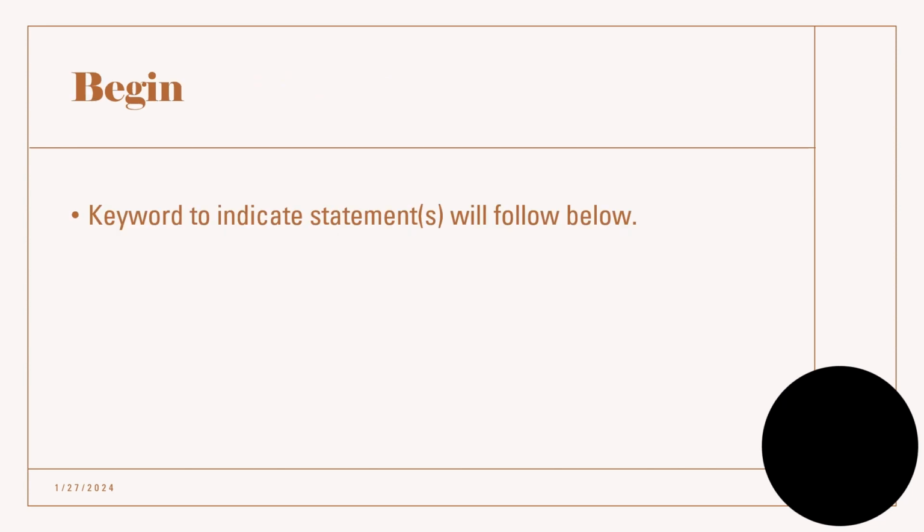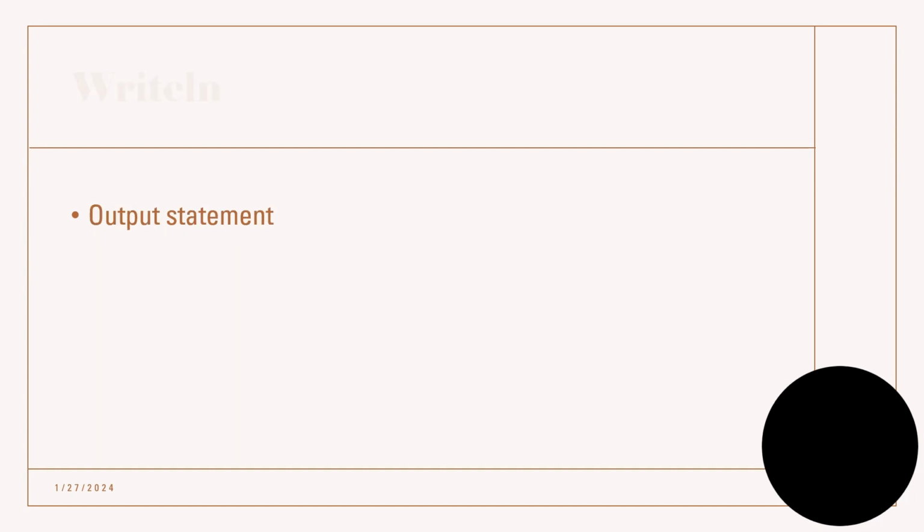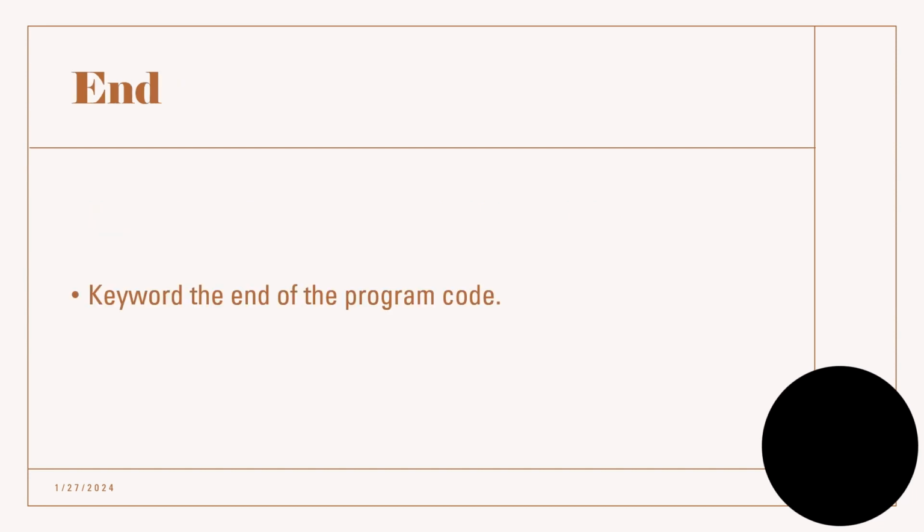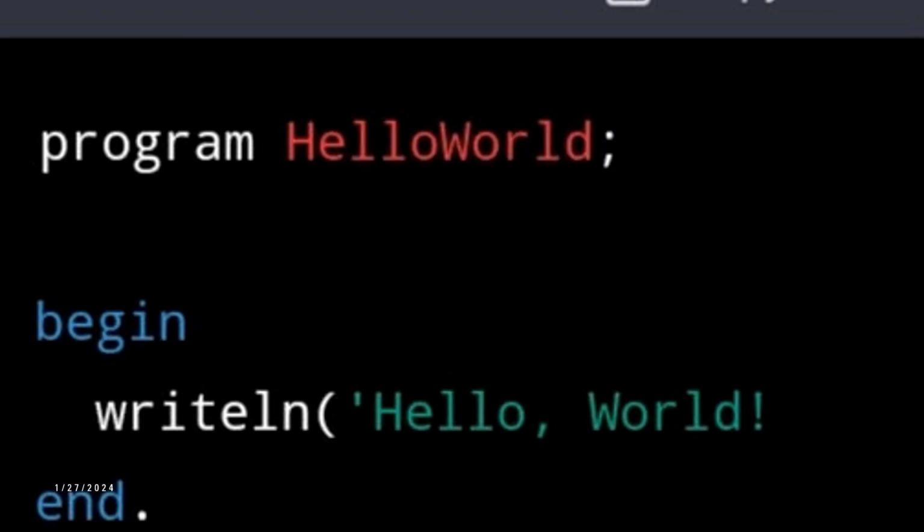So begin tells us that the statements are going to follow below, and writeln is whatever you want to be outputted. That's your output statement on the screen, and end is the keyword that we use to show that the program code ends. And here's a very popular but simple example of a program.